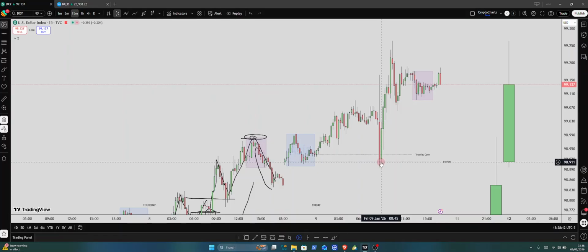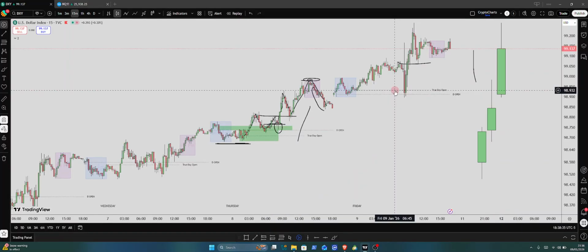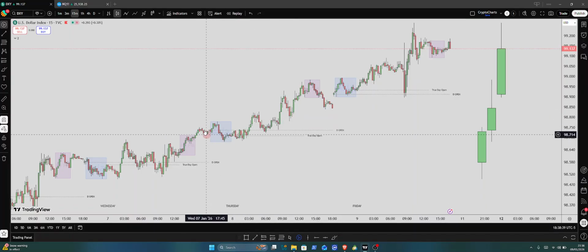But as soon as this happened, you could have decided to enter and go long, even getting an opportunity to enter on the retest of these levels here, provided that your levels that you've marked out support your thesis. But yeah, when you've got a bullish perspective, this is what you should be looking for. This is the sort of daily profile you should be looking for.